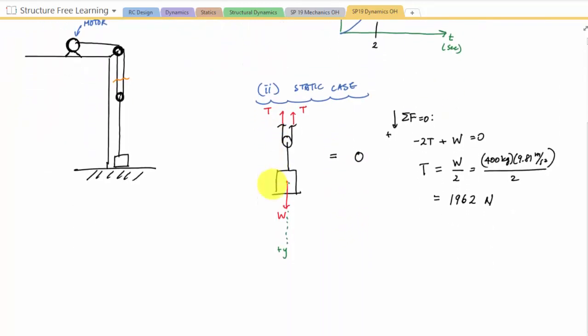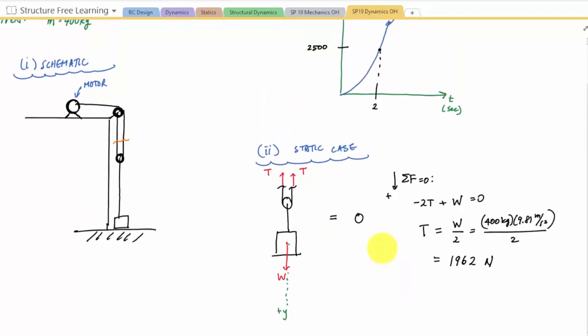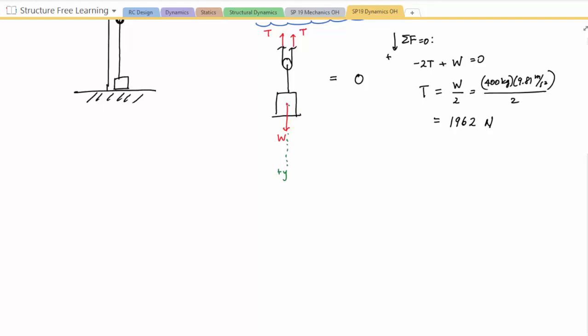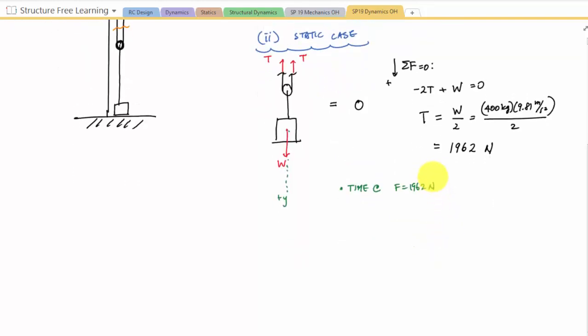This 1,962 newtons is right here. The time at which this occurs, the time at which F equals 1,962 newtons, is the force the motor is going to deliver to the rope.